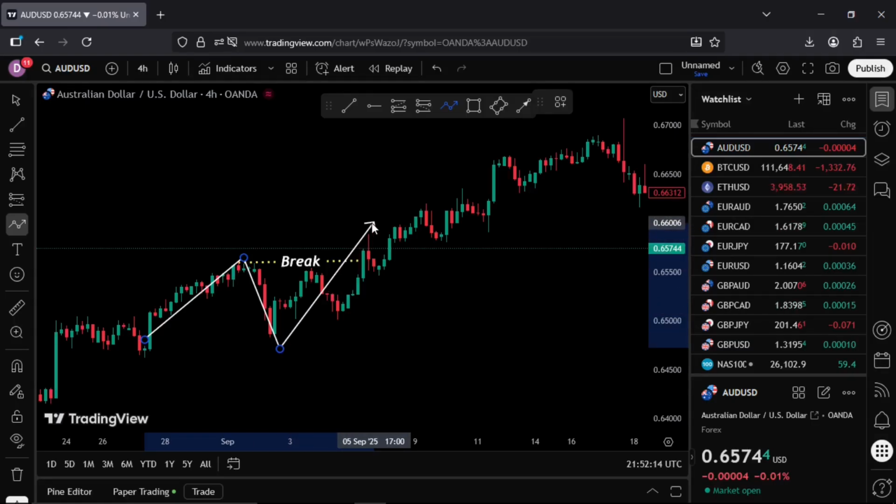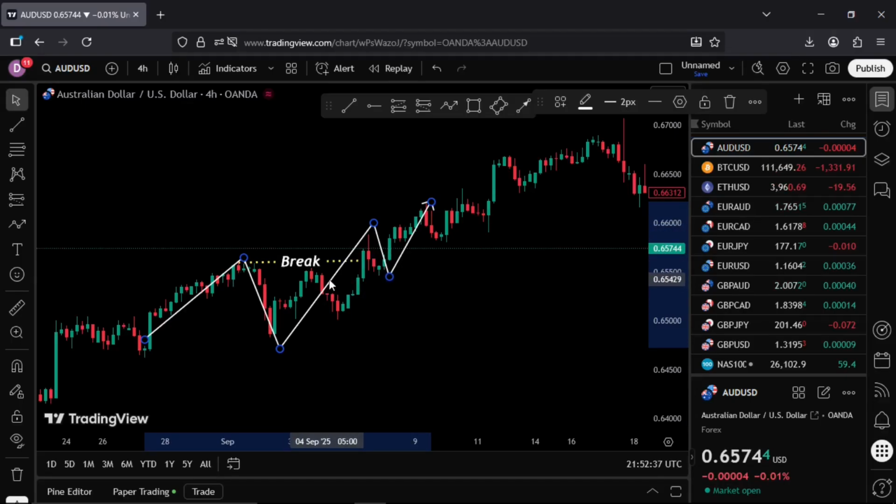So the next move will be a pullback, and the next move will be a push. We want to mark this pullback on a lower time frame. Remember that: step 3 is we mark the market structure as price is pulling back.